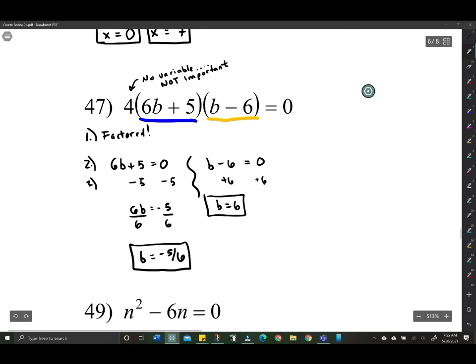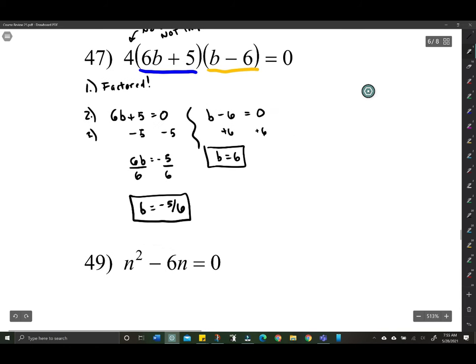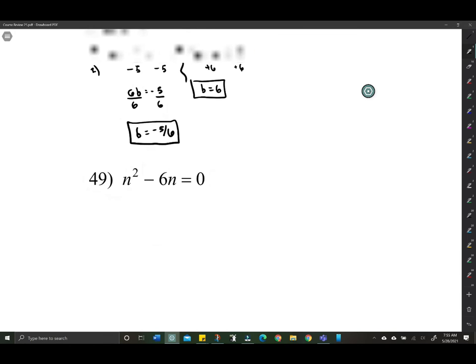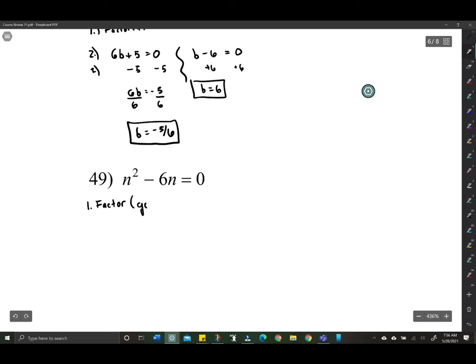Where it gets a little trickier is when it's not factored for you. So for 49, we need to factor that. So step 1 is to factor, and remember, that includes a GCF. If it's a binomial, if there are just two terms, you use the GCF, greatest common factor, factoring.